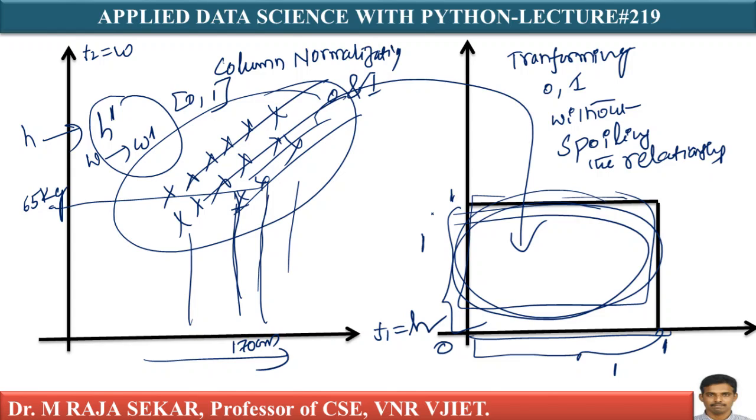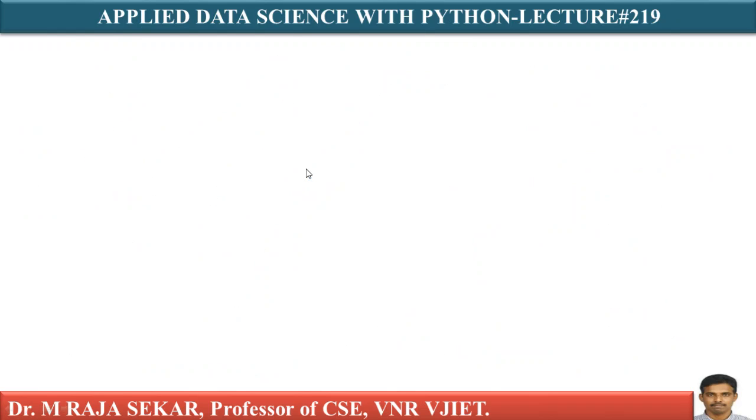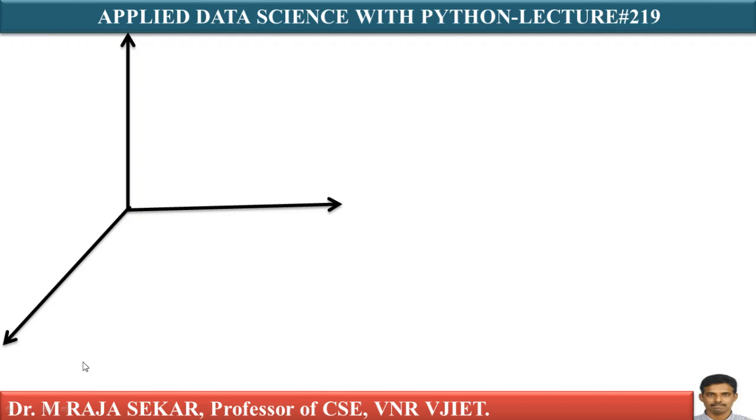So this is two-dimensional space. What happens if you do it in 3-dimensional space? If I have data of this type, let me say this is feature 1, this is feature 2, and this is feature 3.